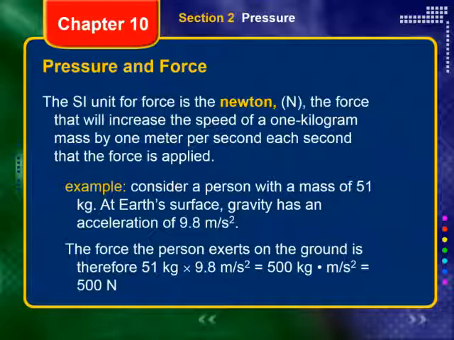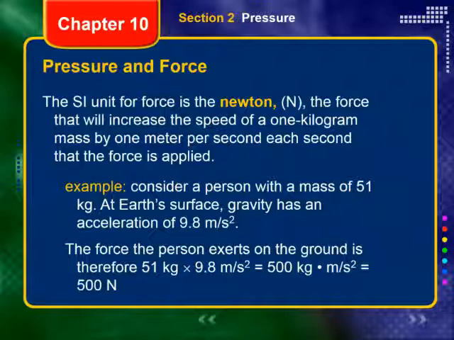So consider a person with a mass of 51 kilograms. Don't worry about what that is in pounds, but it's a mass of 51 kilograms. At the Earth's surface, gravity has an acceleration of 9.8 meters per second squared. That means that there's going to be an increase in speed of 9.8 meters per second for every second that force is applied.